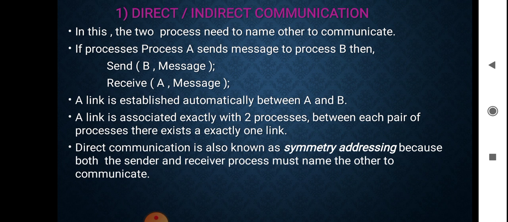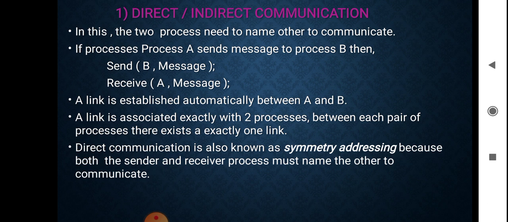In that, send B: B is the destination, the process to which we are sending the message, and message is whatever data you want to send. Similarly, receive A means we are receiving the message from A. Clear?